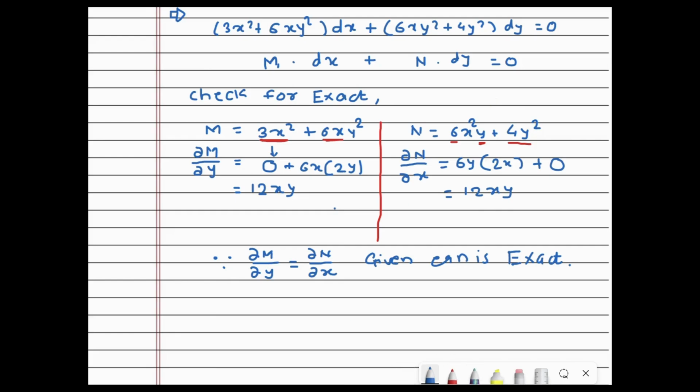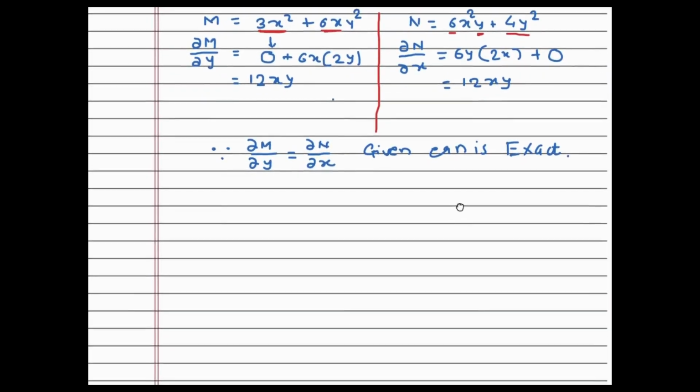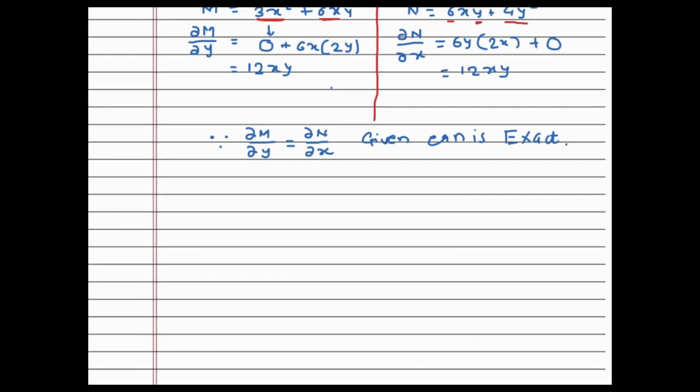Now let us move to the second part of this problem, that is the solution of this exact differential equation. So the formula for solution of exact differential is integration of M dx plus integration of N dy is equal to c.